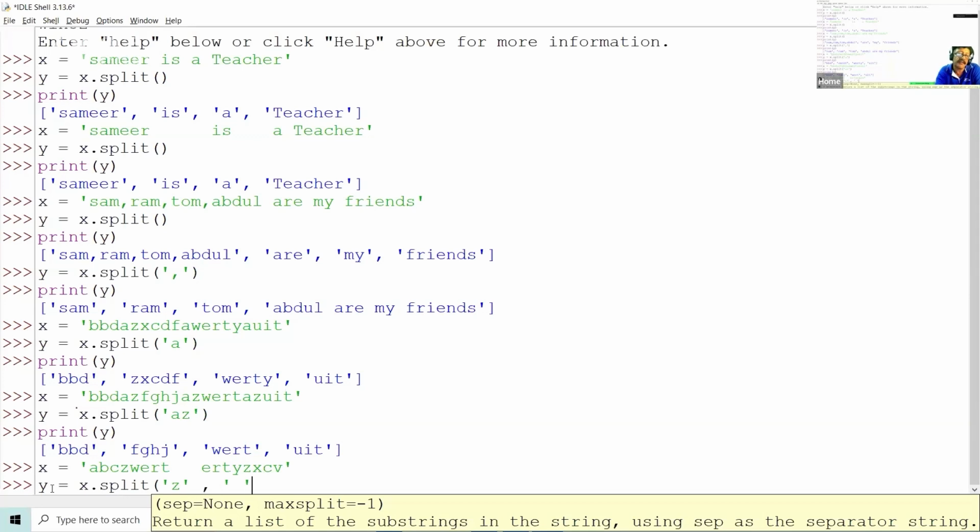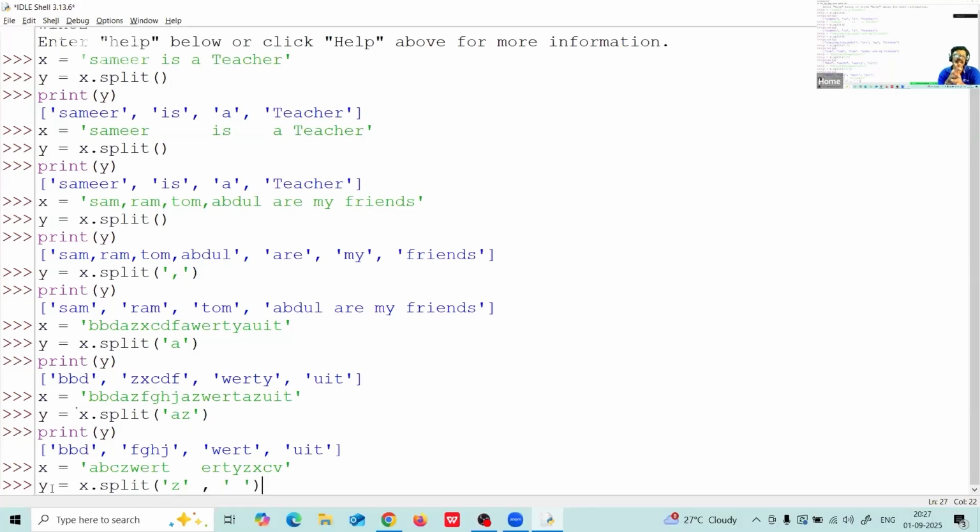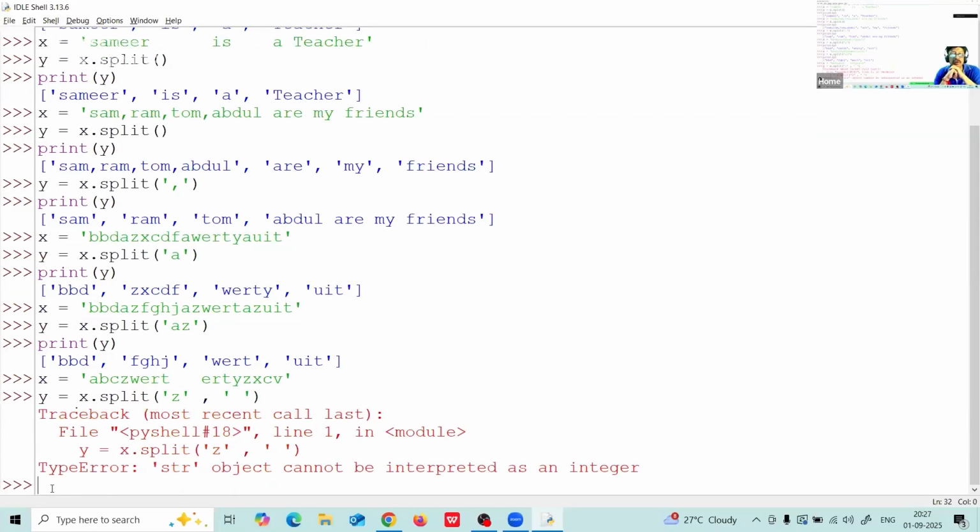Now I will give space, because if I don't give anything, it will understand it's a space. Okay, let's try this. It will give an error. Some strange error it gives: str object cannot be interpreted as an integer.